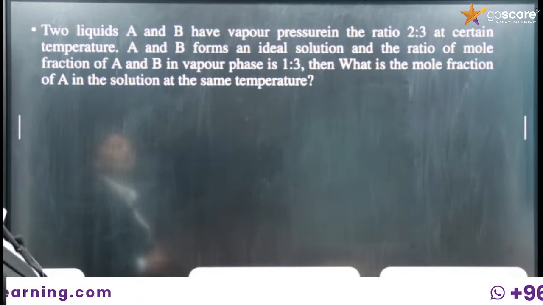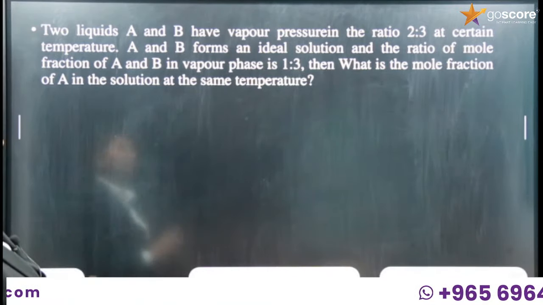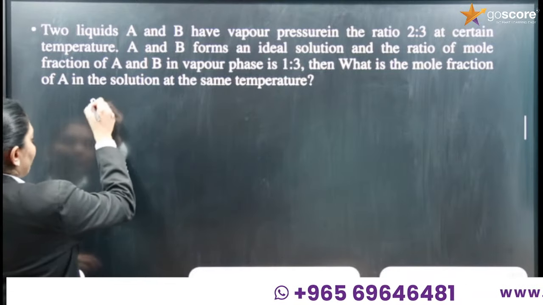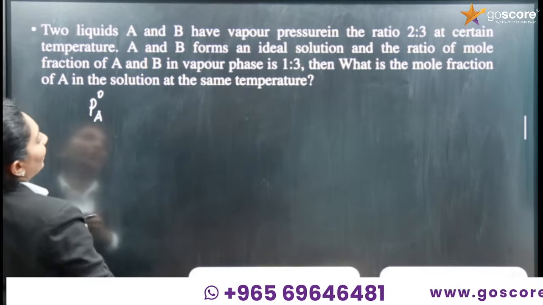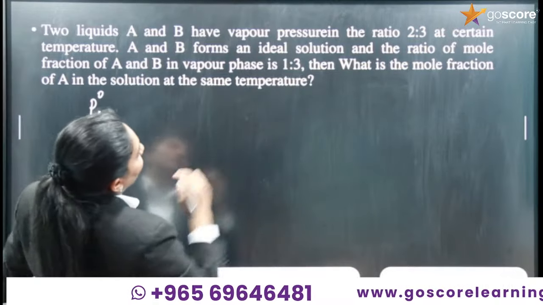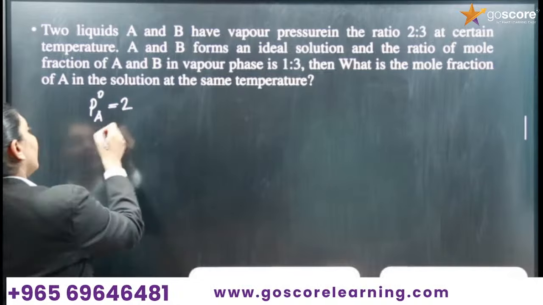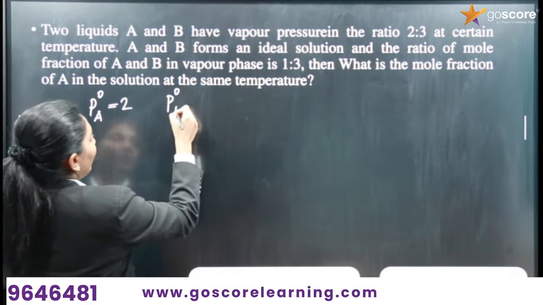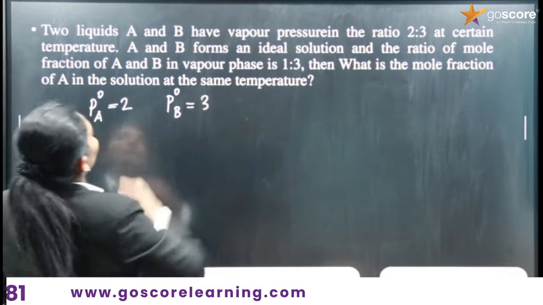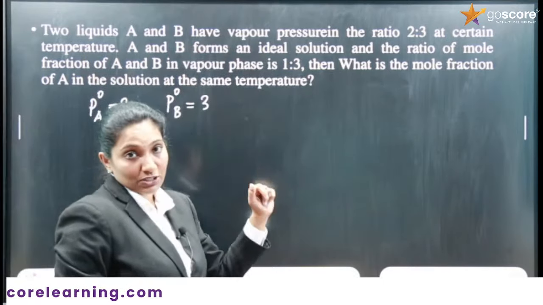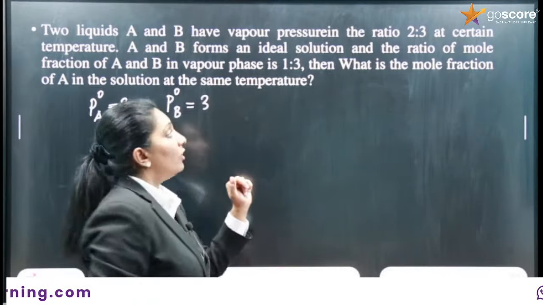Two liquids A and B have vapor pressures in the ratio 2:3. So the vapor pressure of pure component A to B is given as 2:3. Pure component A is 2, and for the second component B it is 3 at a certain temperature. A and B form an ideal solution, that means it follows Raoult's law.